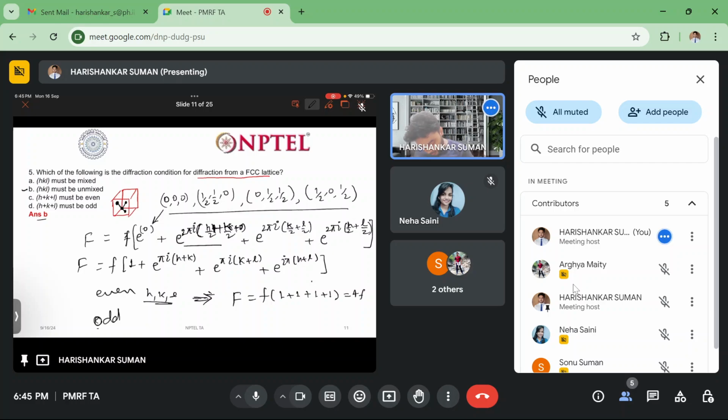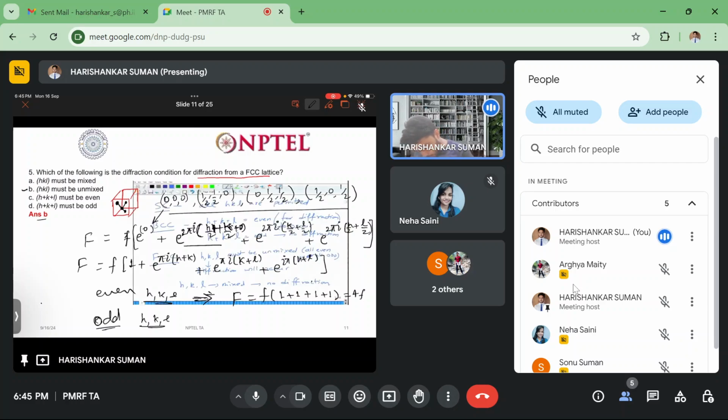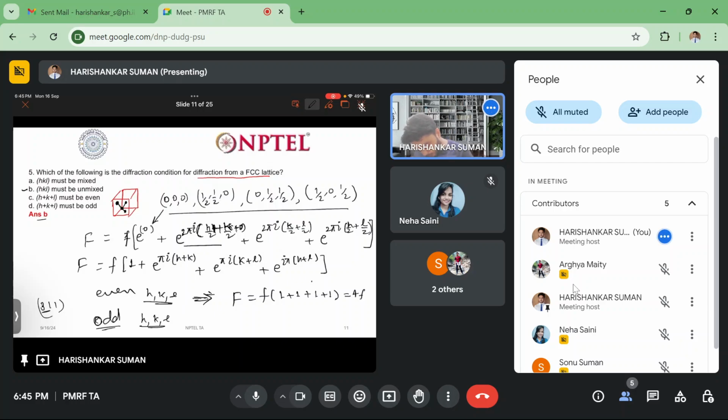If odd, let's say 3, 1, 1, what happens here? This is also 3 plus 1 equal to 4.